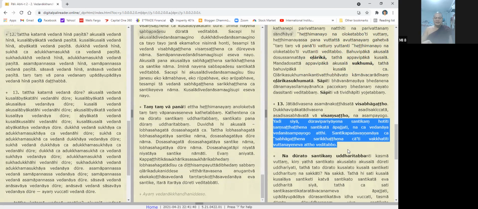And the reason is given here: Vedana is not associated with Vedana. There is no Vedana which is associated with the Vedana. Na ca vedanaya vedana sambyogo atthi. There is no feeling which is associated with the feeling. That is the main point here.